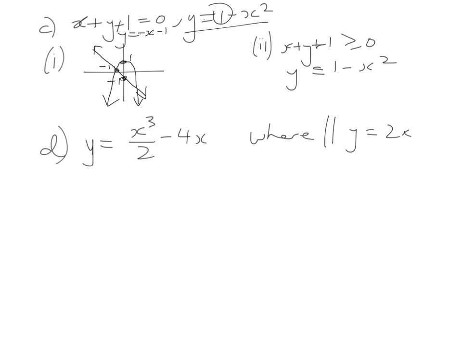Now, this will be positive 1, where the parabola meets the x-axis. Now, using the inequalities, we need to go greater than 0 for the first one. Now you can either test, so if you test 0, 0, you put 0, 0 there, you get 1 is greater than 0. That's true.